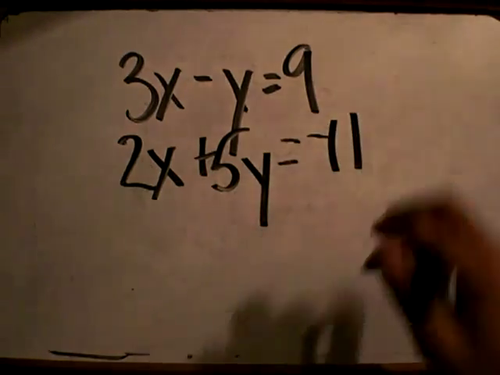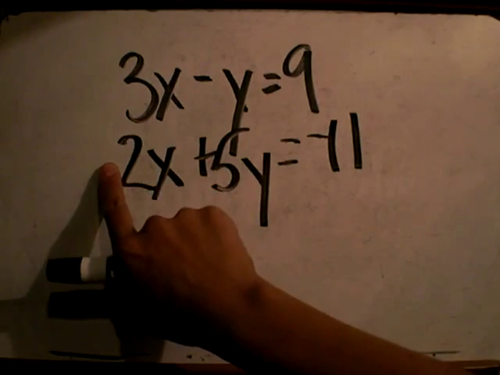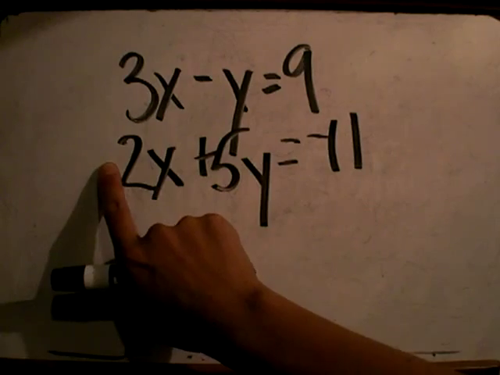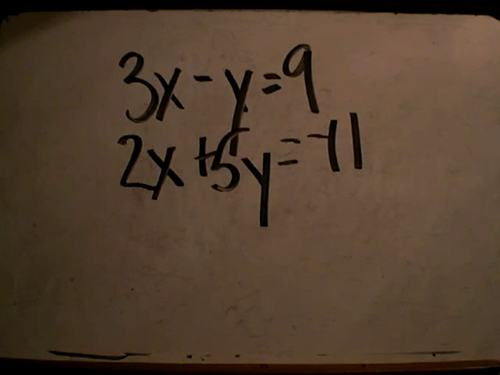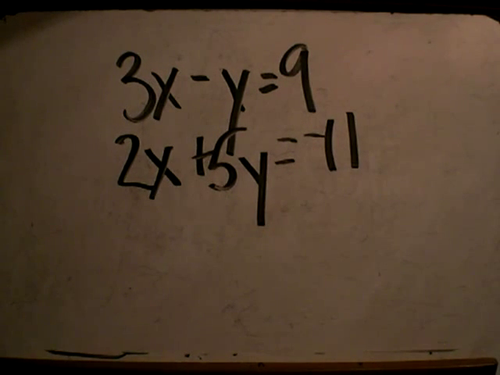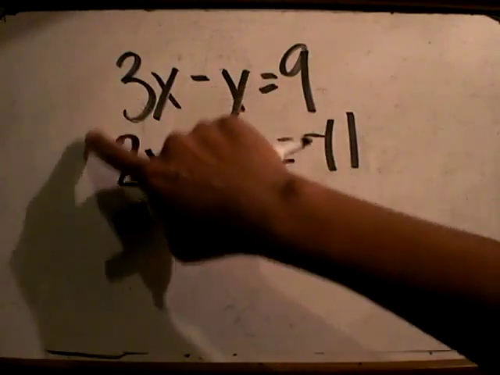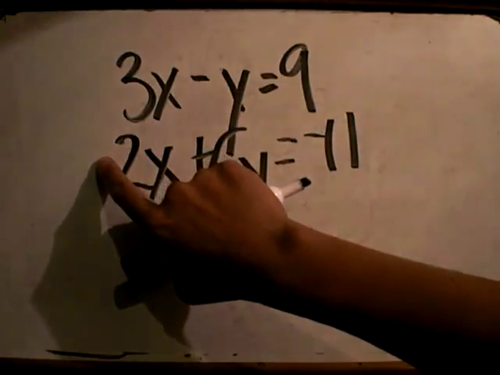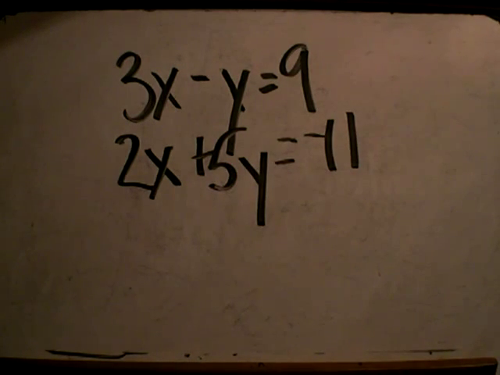Okay, so if we look here, these coefficients are not the same, nor are they opposite of each other. That's okay. What we're going to do is make one of them the same. When you have coefficients that are both positive, that's when you use the subtraction method.